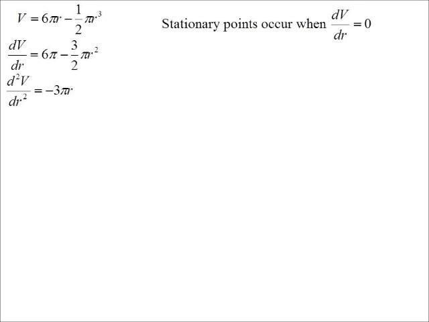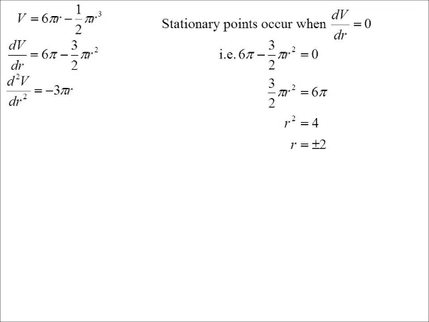Well, there's V. Differentiating with respect to r, we'll need that. And our second derivative, d2V/dr2, is minus 3 pi r. We know stationary points will occur when dV/dr is equal to 0. I get two possibilities, r equals plus or minus 2. Now, this is where we use a little bit of common sense. This is a practical problem that we're solving here.